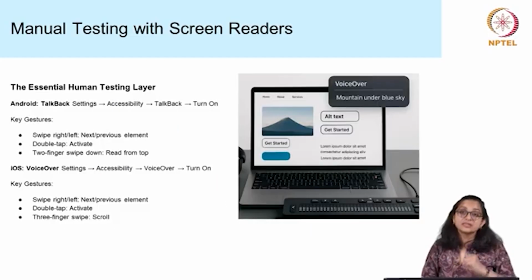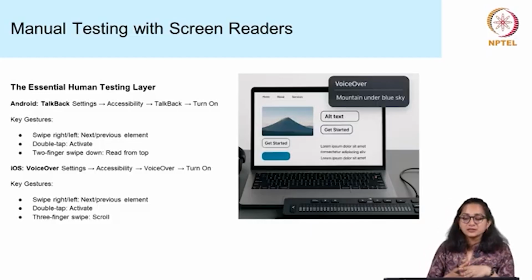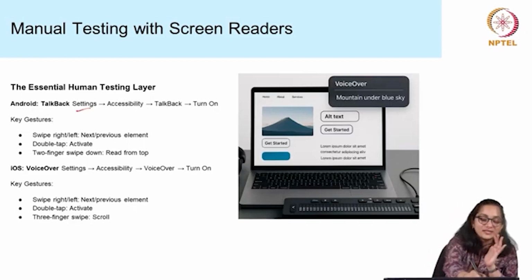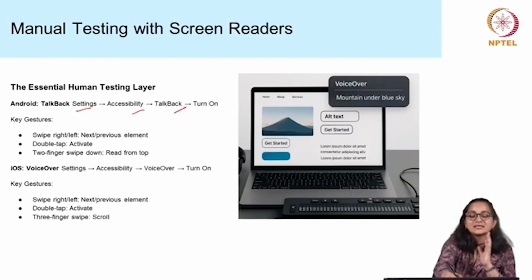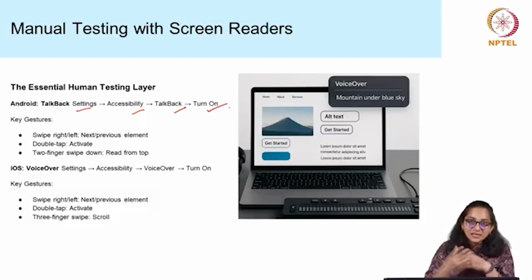for the remaining 70%. Now when we talk about manual testing with screen readers, the essential human testing layer is that you have to start your TalkBack. You go to settings, to accessibility, you go to TalkBack and turn it on, and then engage with your application.